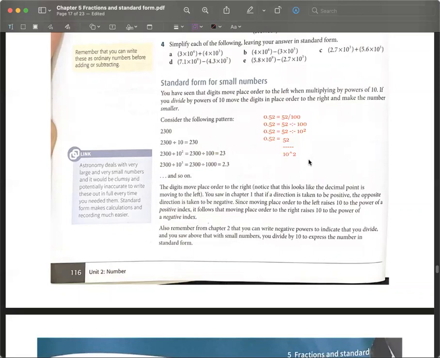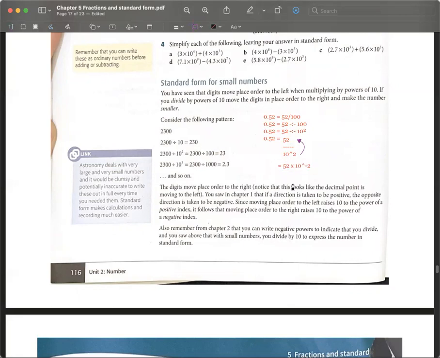But when we move it to the top, like the other time I told you about heaven and hell, or where it's supposed to belong, if you remember, that was in our law of indices class. So if it belongs at the bottom, but you put it to the top, it will become a negative value. So it will change to 52 multiplied by 10 to the power of negative 2. Will be equal to this.